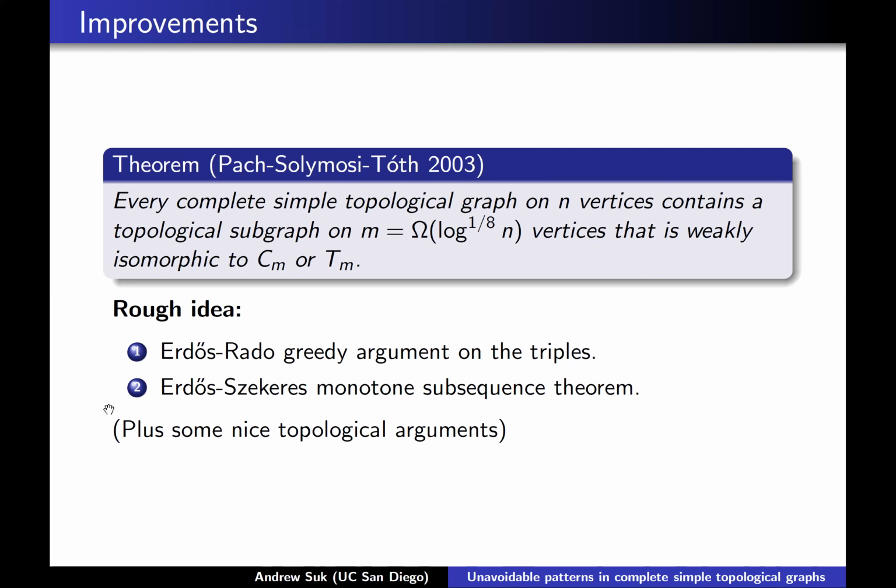And then they apply the Erdős-Szekeres monotone subsequence theorem. And then they also apply some really nice topological arguments to piece everything together. And this is roughly how they get this (log n)^(1/8) bound. And so what we do is we make 2 observations to improve this bound here.